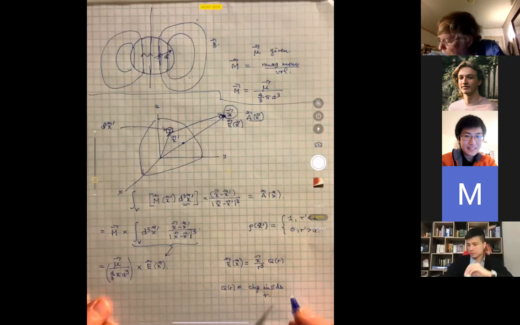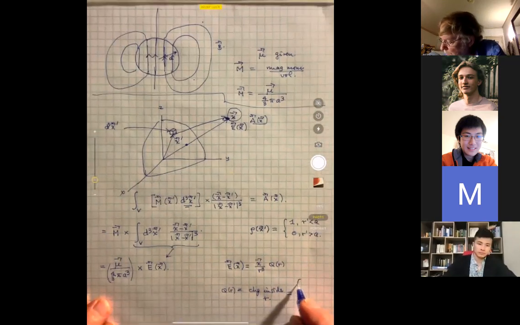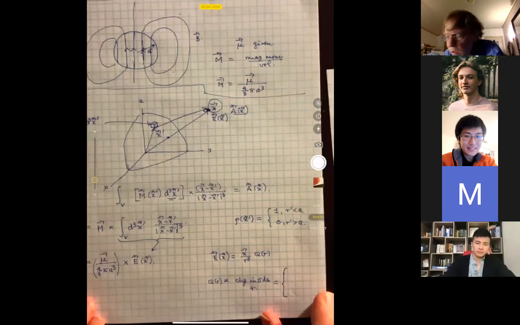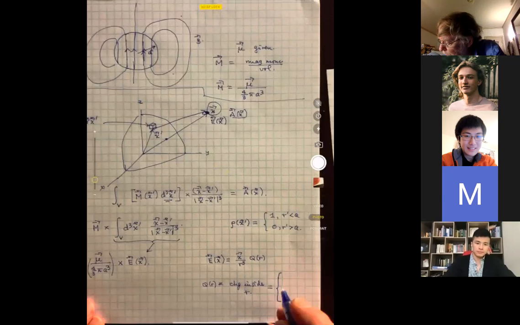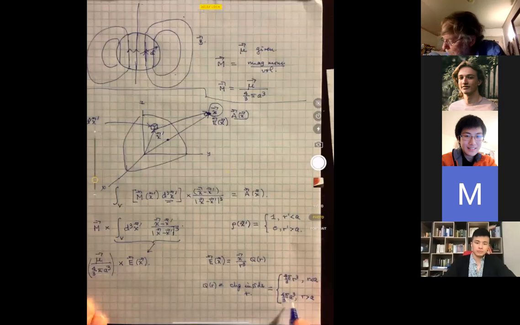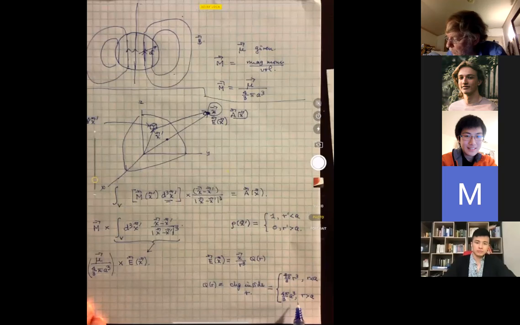What is the charge inside radius r? It's equal to 4 pi over 3 r cubed if r is less than a, and it's equal to 4 pi over 3 a cubed if r is greater than a, because outside you just get the whole charge inside the sphere, and there's nothing new as r increases. All right, so that's the q of r.